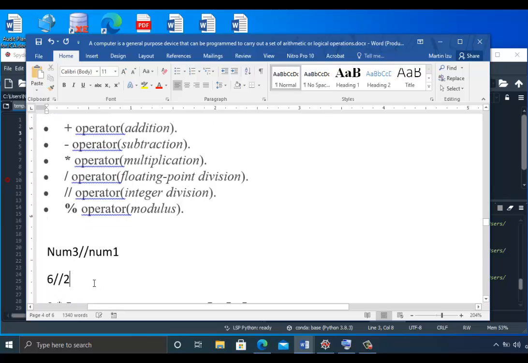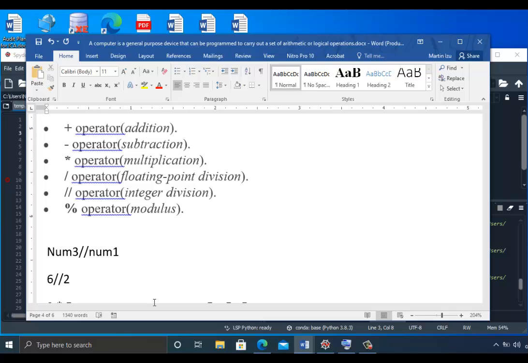What the processor will do here is find out how many times you can subtract 2 from 6. I repeat again, when you say 6 divided by 2, the way the processor looks at it is how many 2's do we have in 6?